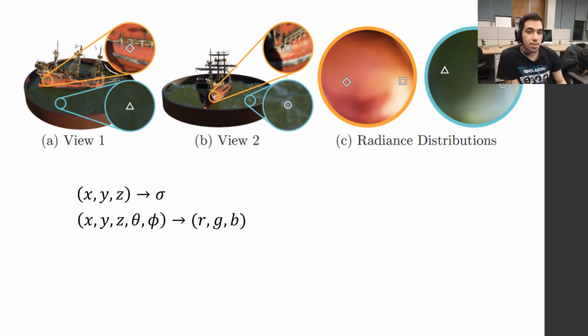They did an experiment and they realized, in this slide as well, you could see that we have two views, view 1 and view 2, and we're looking at the same space, same position, however the color is slightly different. This shows that the direction is going to affect the color in the very end, and it will eventually make the 3D object that we are trying to render much more realistic.